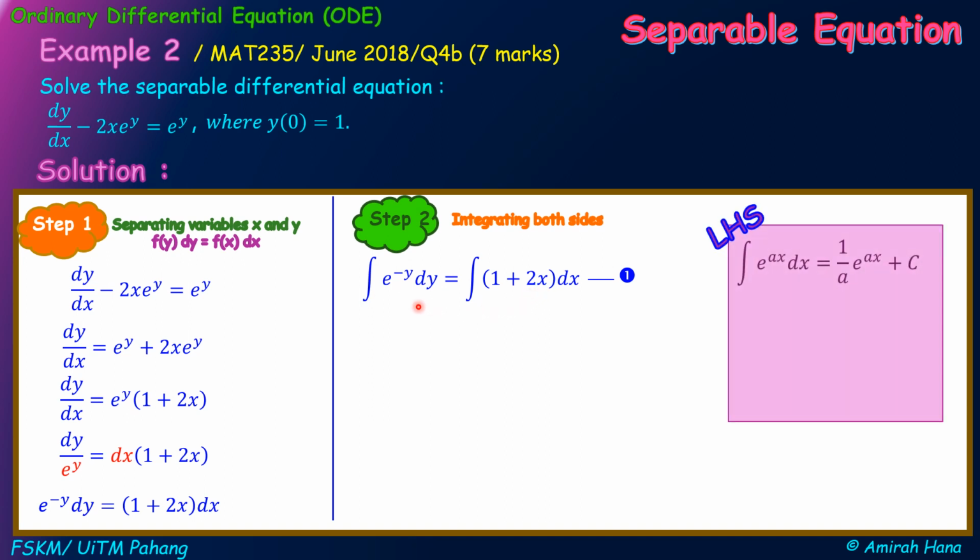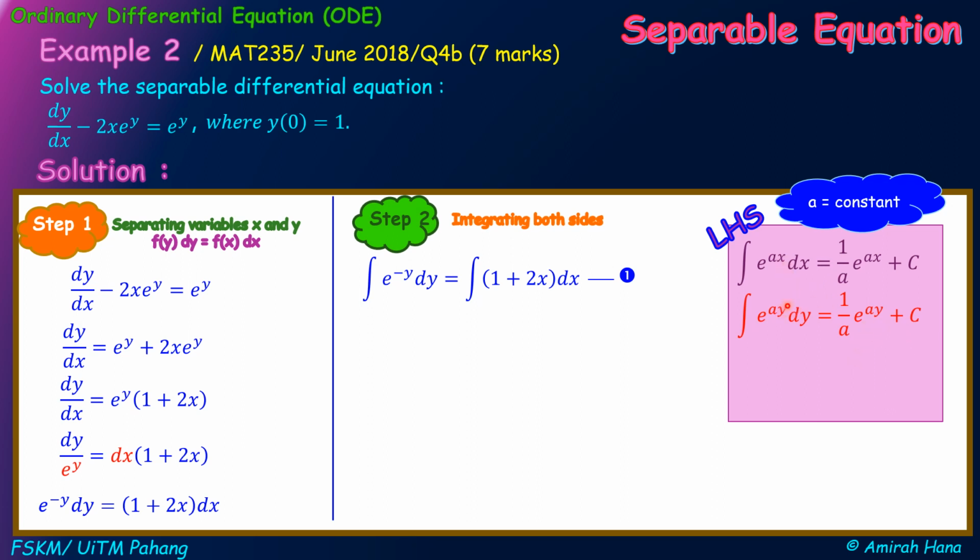When we integrate the left hand side, we can refer to the formula for the integration of e the power of ax dx, which equals 1 over a times e the power of ax plus c. Here a means a constant. If we have variable y, we can write the integration of e the power of ay dy equals 1 over a e the power of ay plus c.